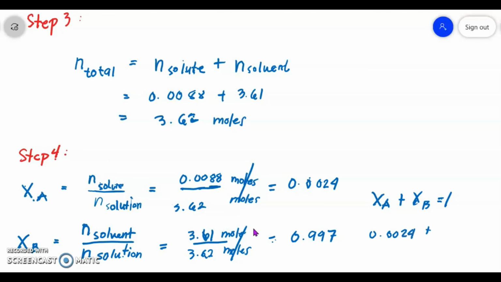This is equal to 0.999, which is approximately equal to 1. The mole fraction for the solute is 0.0024 and the mole fraction of our solvent is 0.997, and when we add them together, we get the correct value.